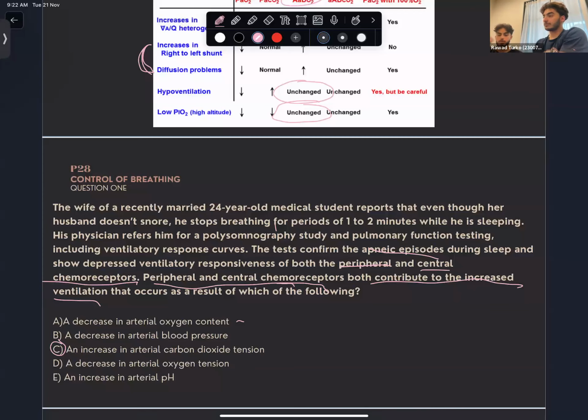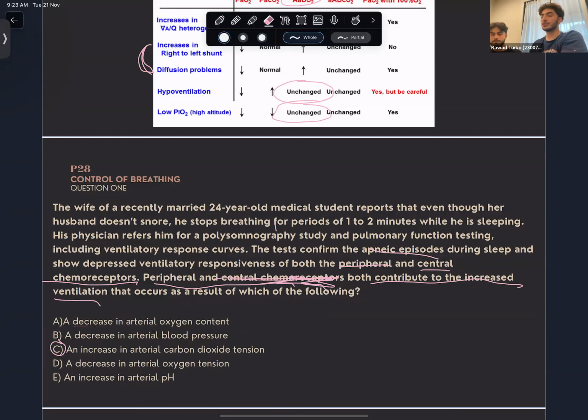When we talk about oxygen, I think they have in the lecture that peripheral chemoreceptors increase ventilation due to the decrease in pH and PaO2. So this would be correct if we were talking about peripheral chemoreceptors only. If only peripheral chemoreceptors were to increase ventilation, then we're talking about a decrease in arterial oxygen.